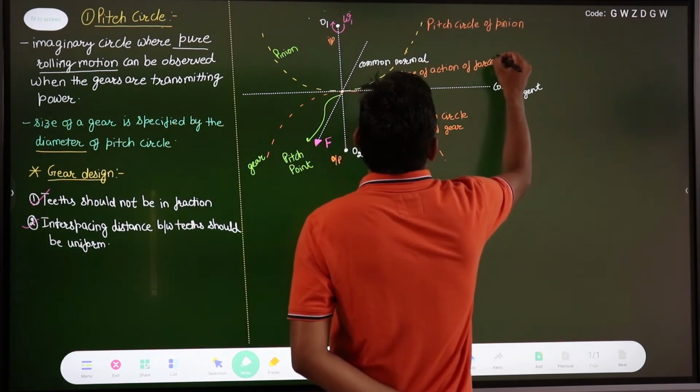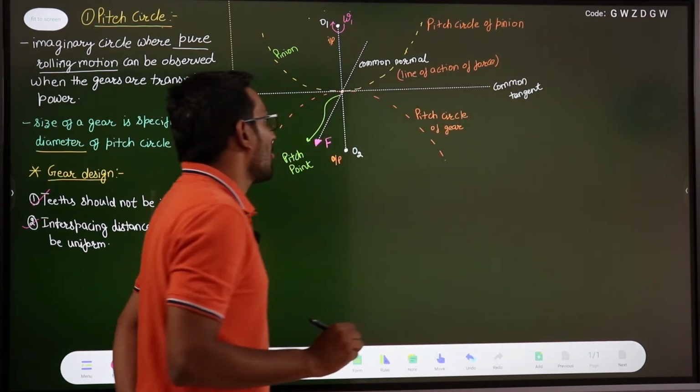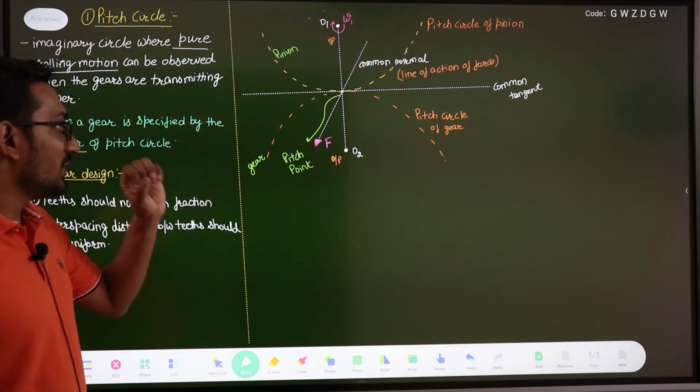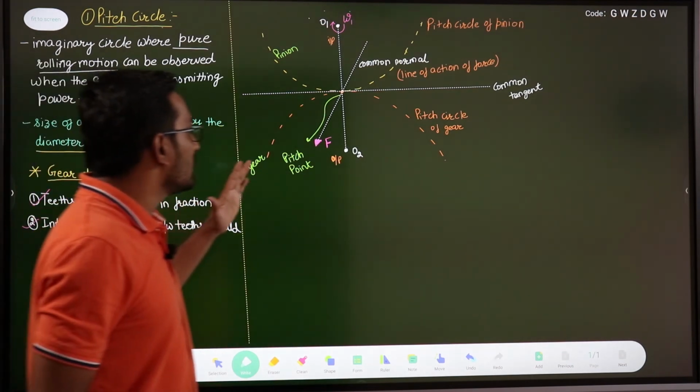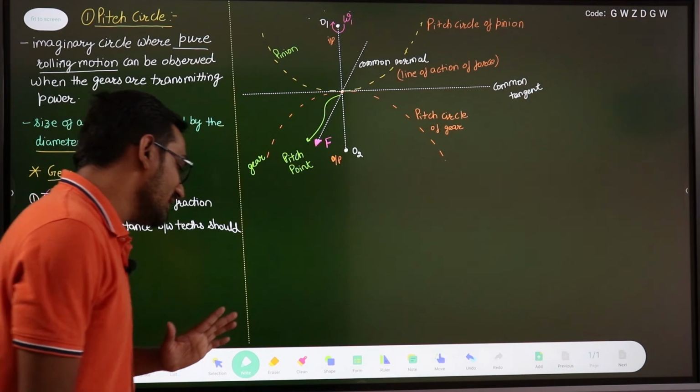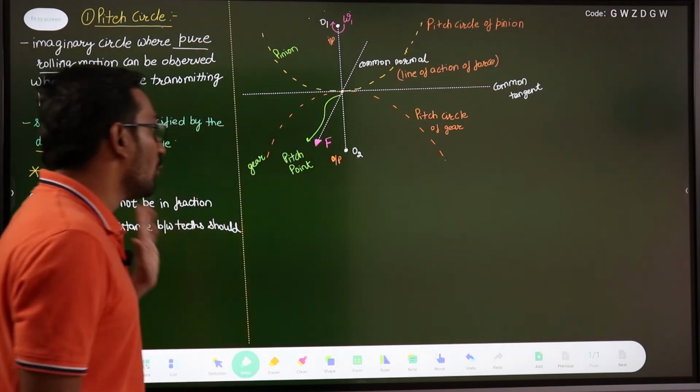That means the force will always be along this common normal. This is also known as line of action of force.